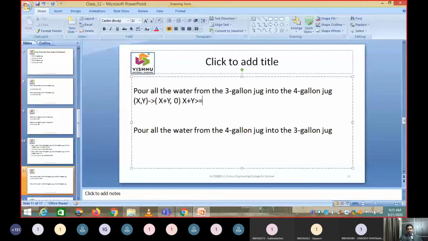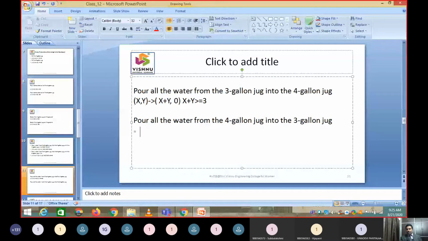Similarly, if you wish to pour all water from the 4-gallon jug into the 3-gallon jug, you can also write it like this: I have x comma y, and you can write the condition like this. What is the output? 0 comma x plus y. And if you wish to write the condition also, you can write whatever condition it is, greater than or equal to 4, whatever it is.